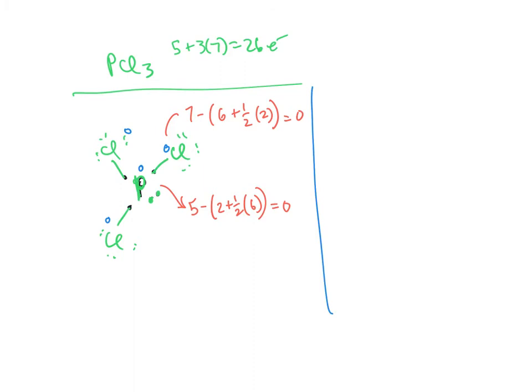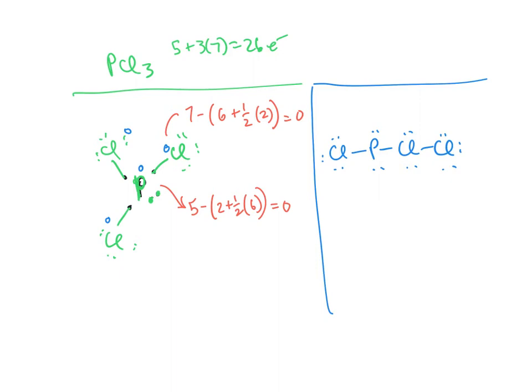Okay, versus this other structure, which we could write as Cl, P, Cl, Cl, 2, 4, 6, 8, 10, 12, 14, 16, 18, 20, 22, 24, 26. So it's another structure that works in terms of the Lewis structure.